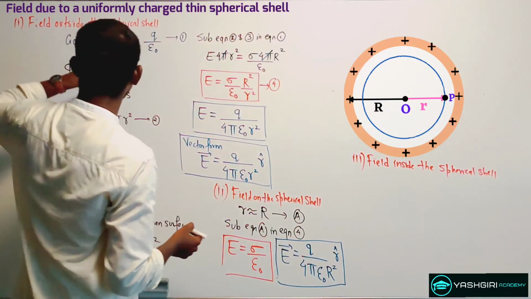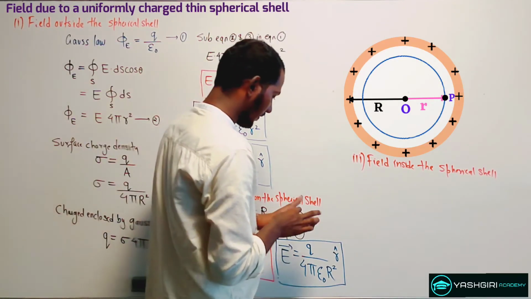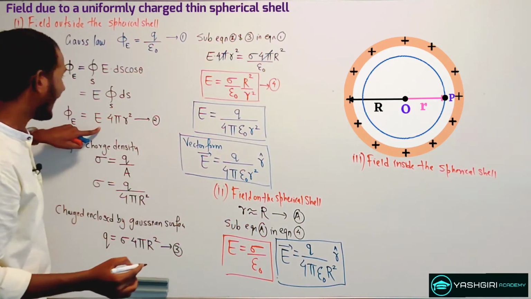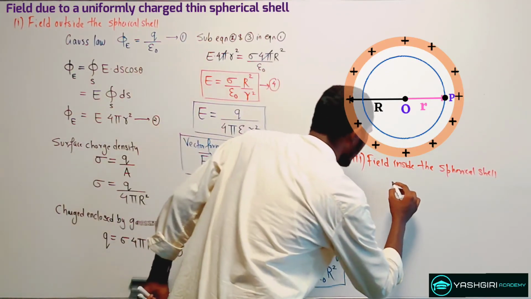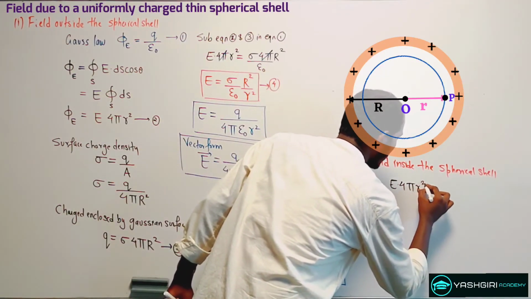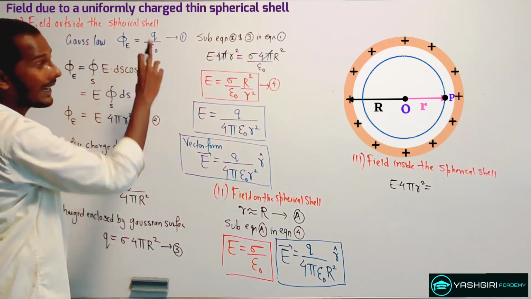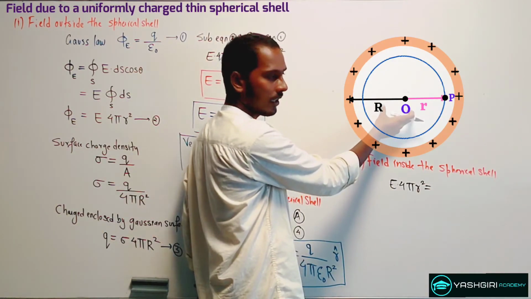So again, phi of E is how much? In this case, phi of E is the electric field E into 4 pi r square. But on the right hand side, for the charge enclosed by the Gaussian surface, here I don't see any charge enclosed by the Gaussian surface, correct?